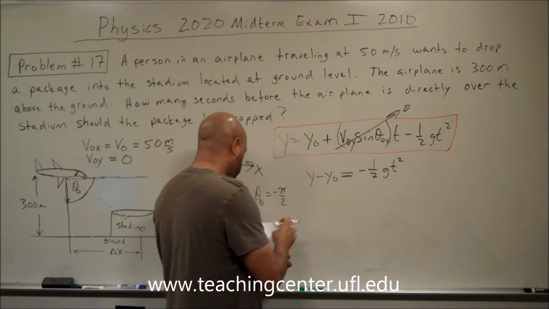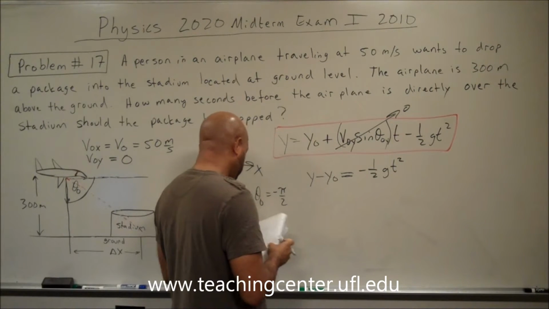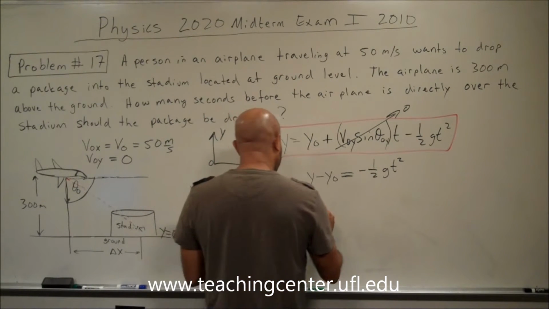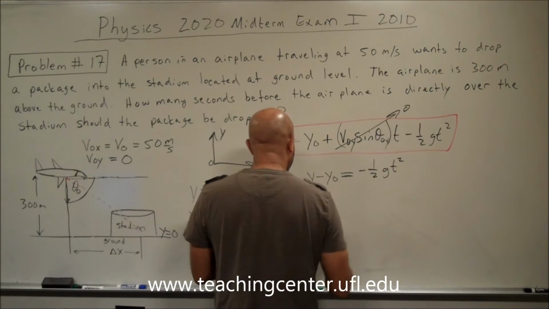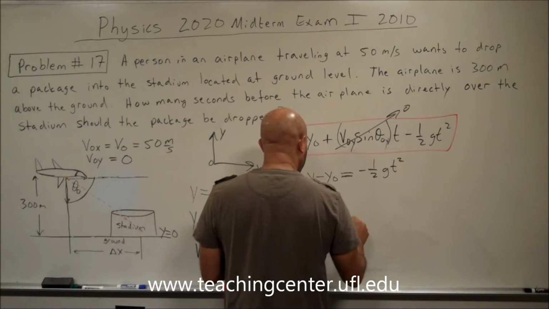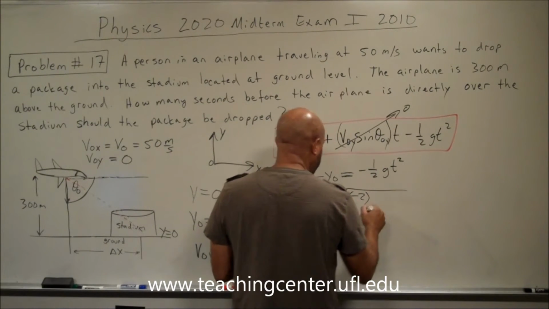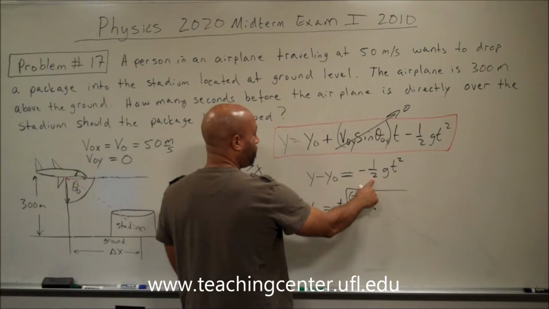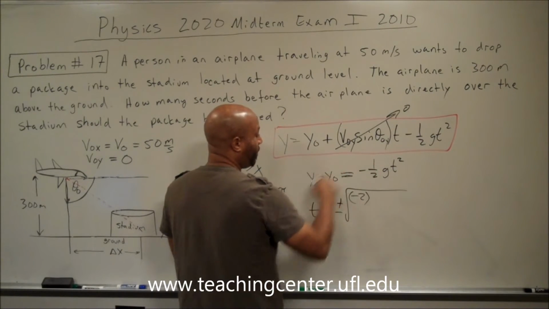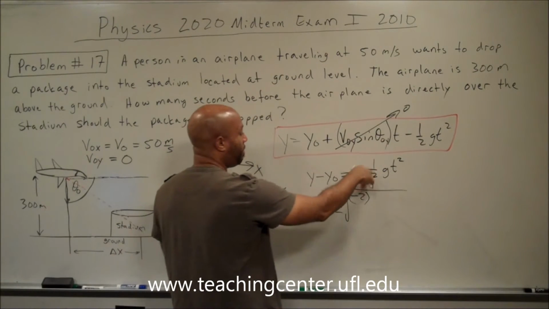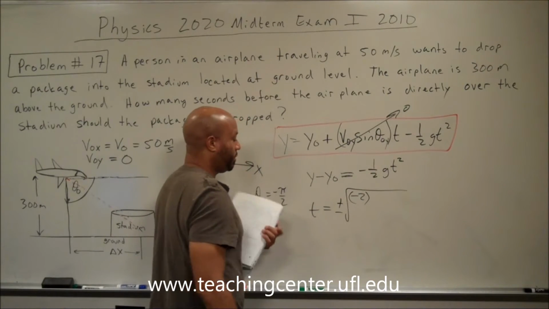Okay? And so, basically when you solve this equation for t, since we have a t squared here, t is actually going to be plus or minus the square root of minus 2, and the minus 2 comes from this 1/2 here. When you actually multiply by the reciprocal, you get a minus 2.